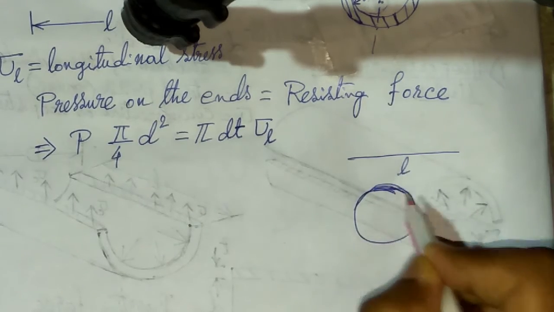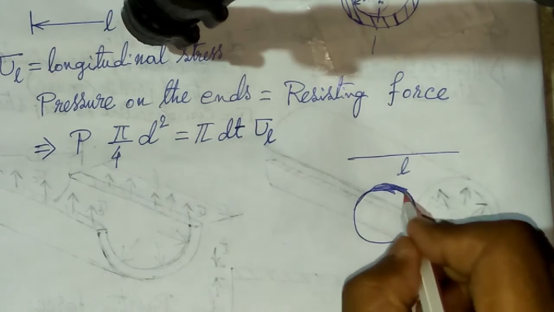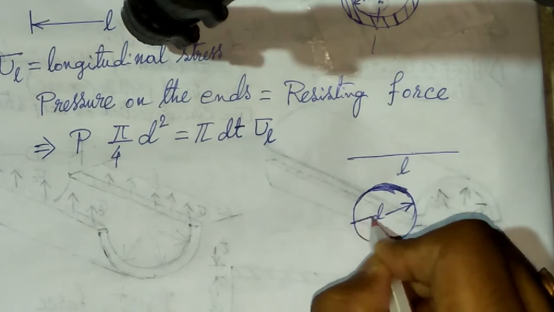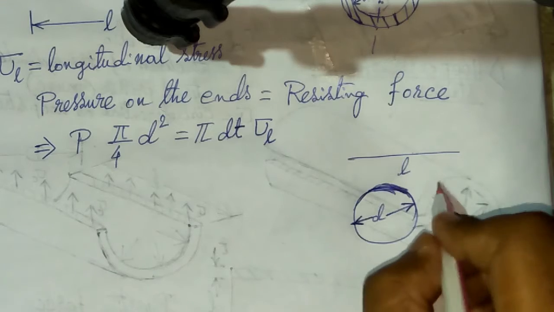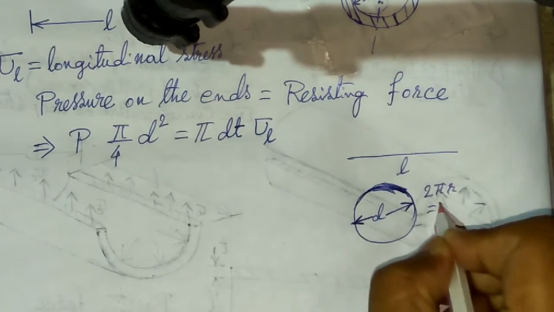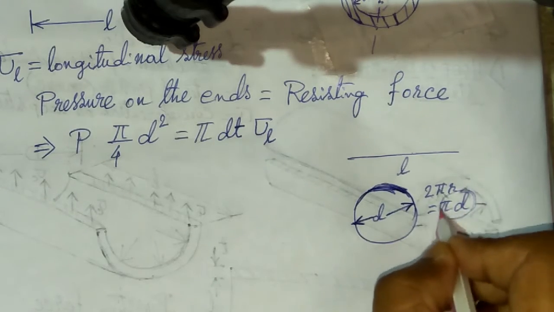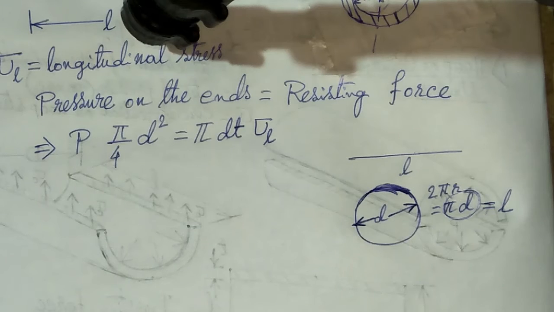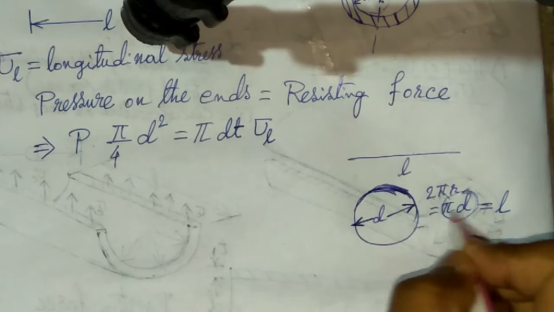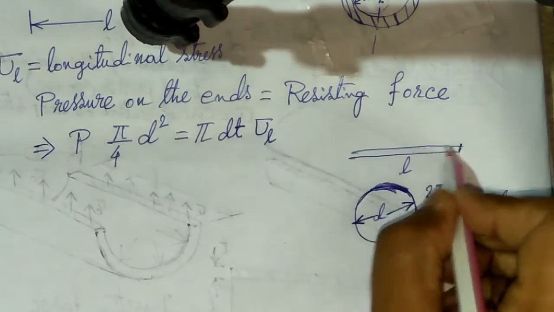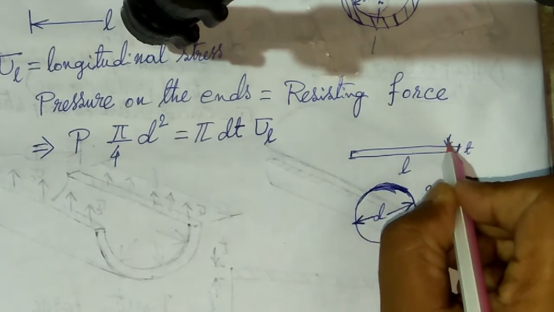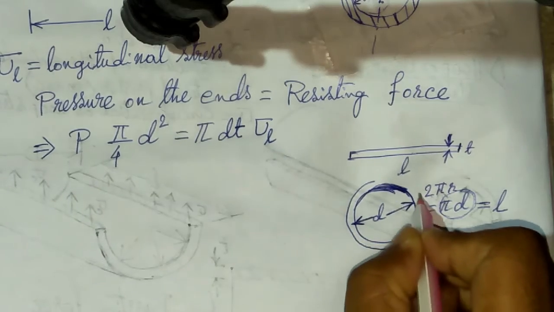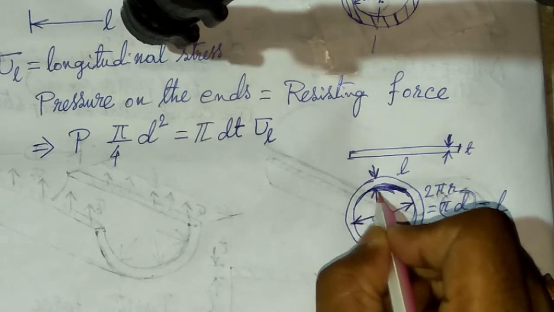The dia of this circle is d, so the perimeter becomes 2 pi r or pi d, which is equal to the length L. And if this rope has some thickness t, that gives the material area, L into t.